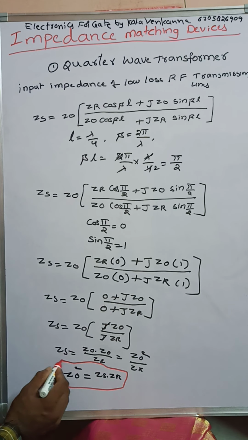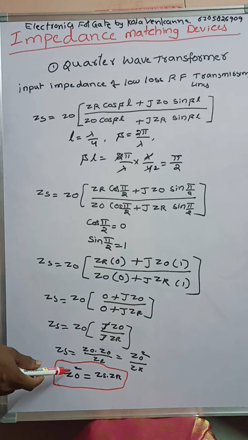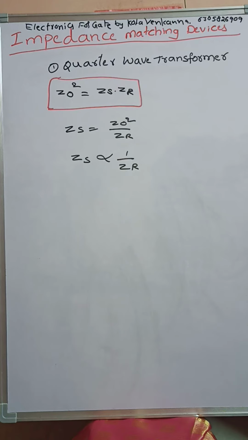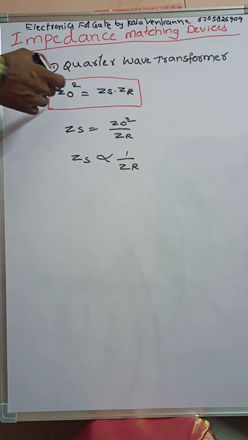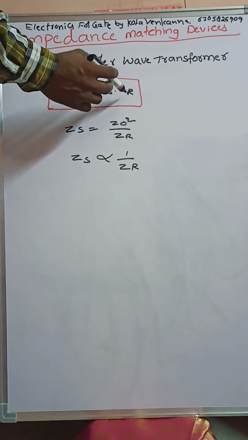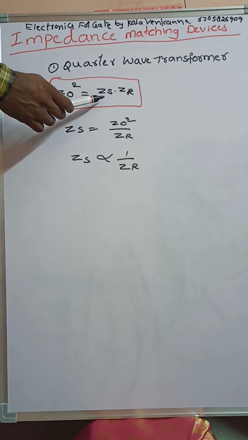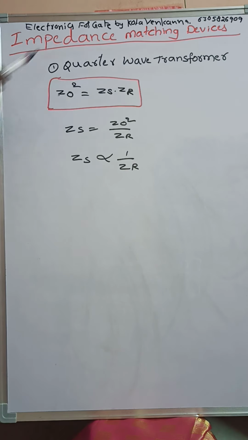This is the relation between the characteristic impedance, the source impedance and the load impedance.